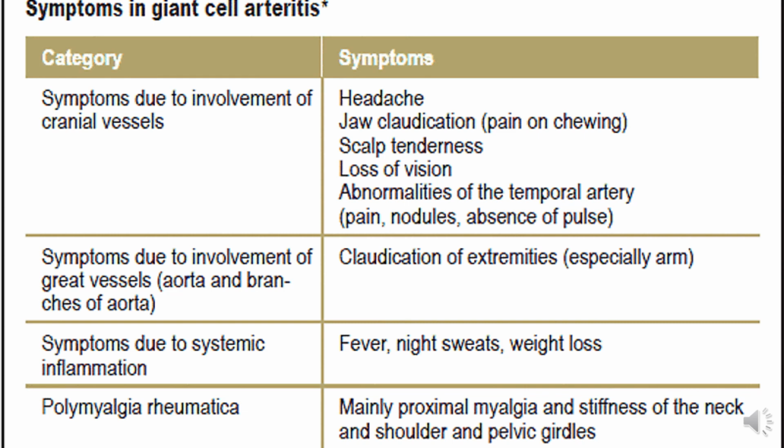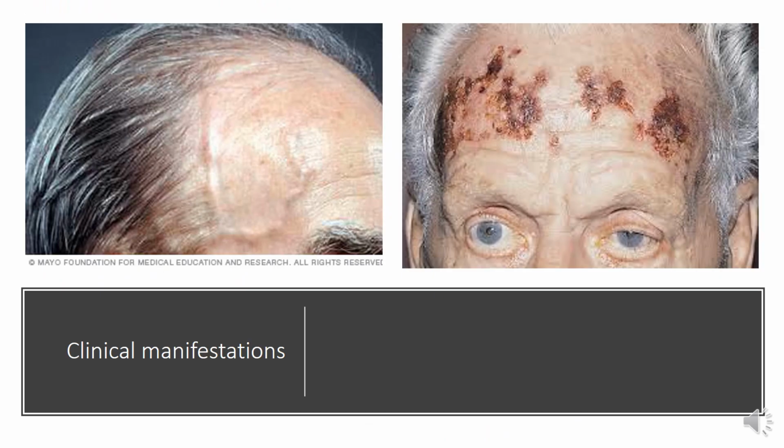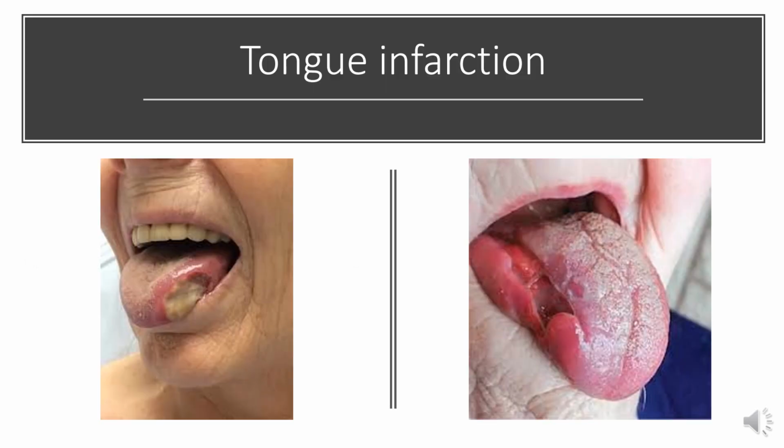Symptoms due to systemic inflammation or constitutional symptoms: fever, night sweating, weight loss, and fourth, symptoms of polymyalgia rheumatica. In the first picture, we see abnormal temporal artery. In the second picture, scalp infarction due to temporal artery occlusion. Tongue infarction.